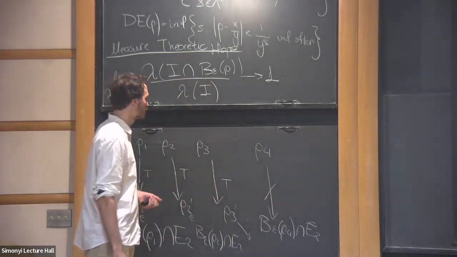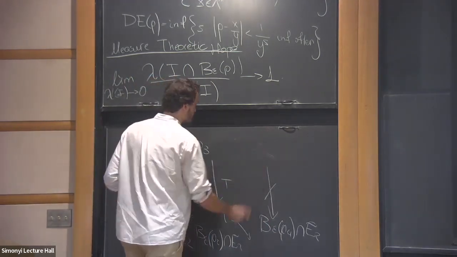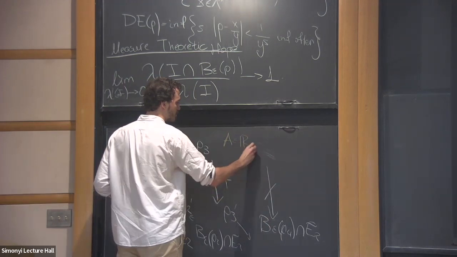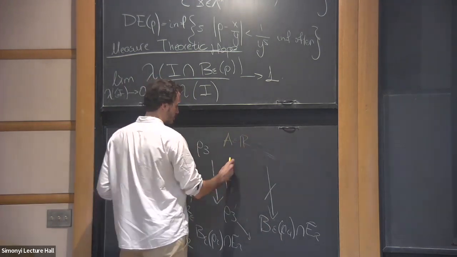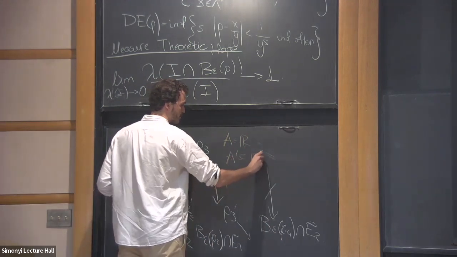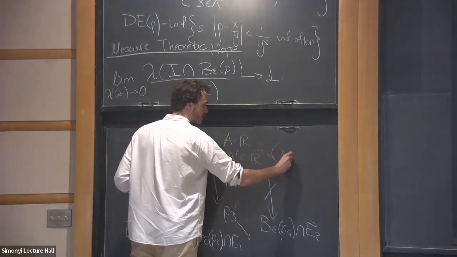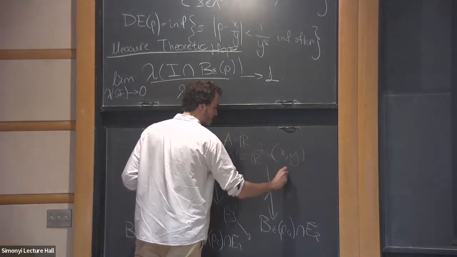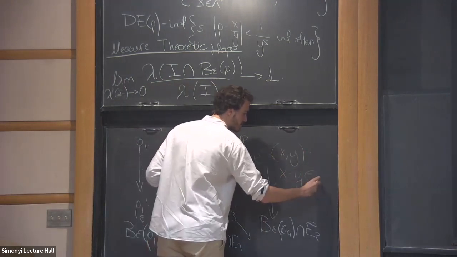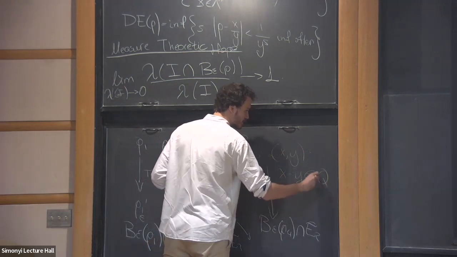yeah, you can take A to be the real numbers, and you can take A prime, the subset of R squared, to be X and Y such that X minus Y is irrational.